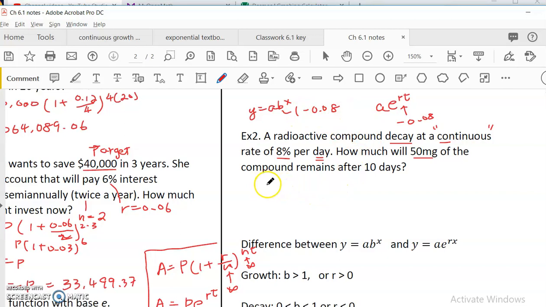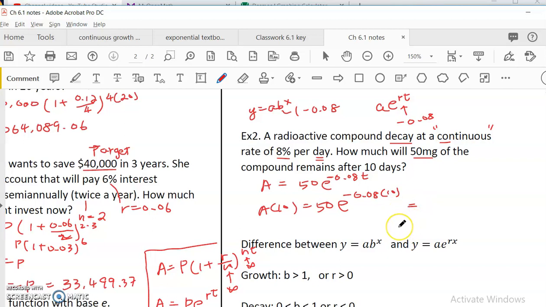So how much will be left after 10 days? We say A is equal to the initial amount 50 times e to the negative 0.08, negative because it's decay, times t. Now for 10 days, A of 10 would be 50 e to the negative 0.08 times 10.